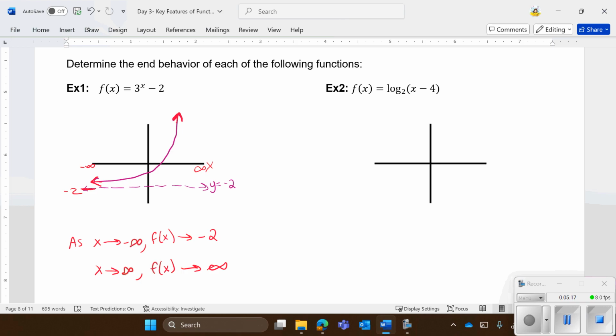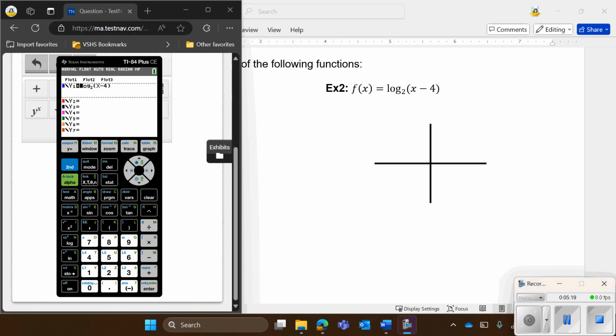So we're going to put the log in the calculator and see what's happening. I have the function log base 2 of x minus 4. I'm going to go to the graph, and remember, your calculator doesn't graph logs properly. I can see that there's an asymptote. Maybe you could see that the asymptote is at 4.